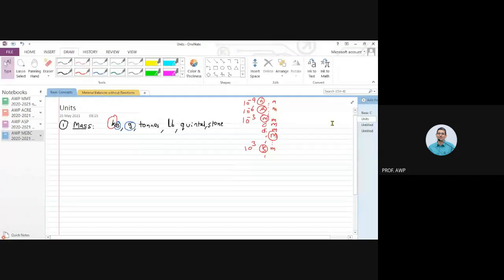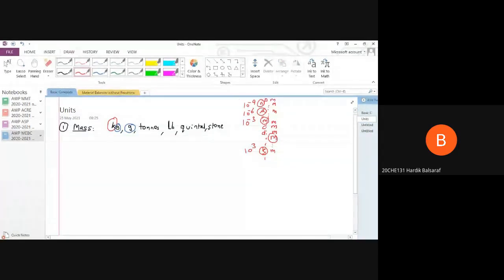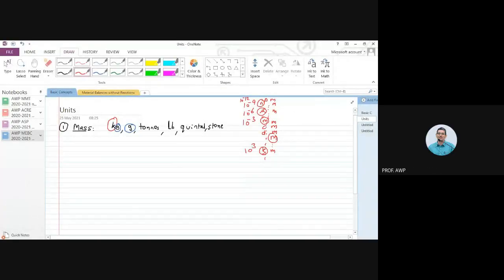Below nano also we have something: picometer, femtometer. So 10 raised to minus 12 is picometer. That's more than enough. 10 raised to minus 15, 10 raised to minus 18. Let's not go into that.